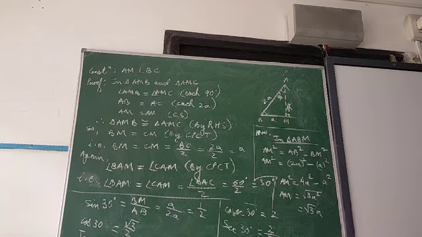Cosec is reverse of sine, so hypotenuse to perpendicular. Any confusion? Now check your values: sine, cos, tan, cot, sec, cosec.